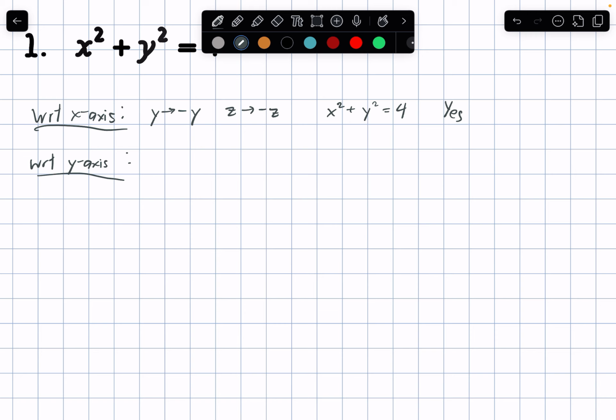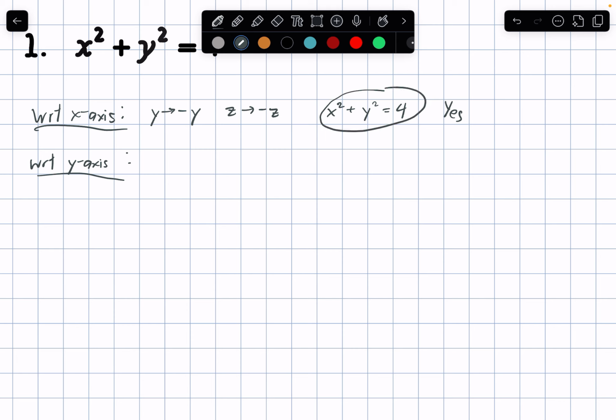With respect to the y-axis, sorry, the x-axis, basically what I wrote here were the variables that were not mentioned. If I mention x here as the axis, what remains are y and z, right? So that's what I write there, and then just substitute. y becomes negative y.